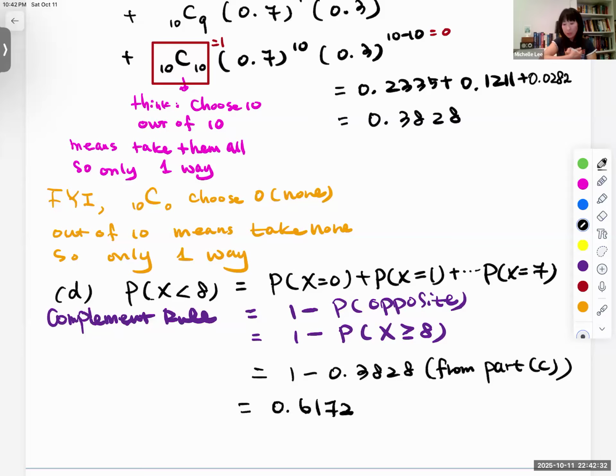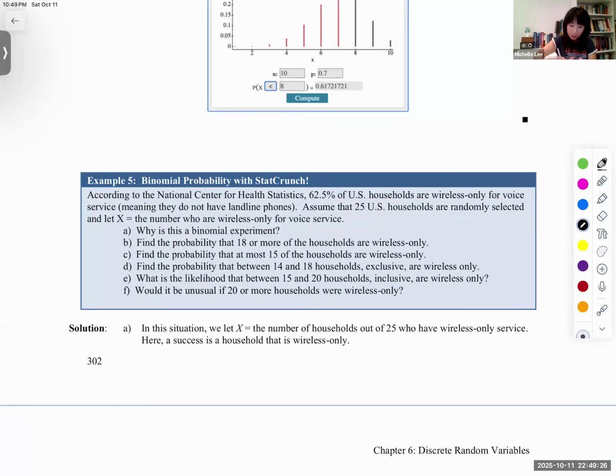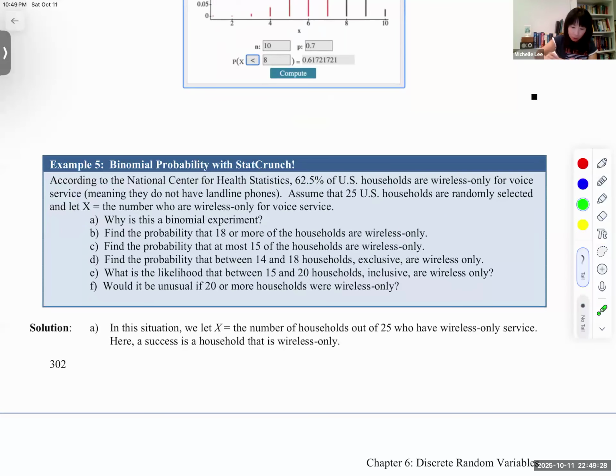Let me show you how to use StatCrunch. Okay, so we have an example here. According to statistics, 62.5% of US households are wireless only for voice service. Assume that 25 US households are randomly selected.